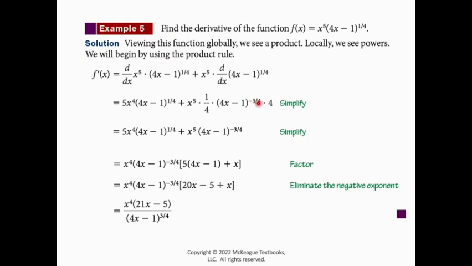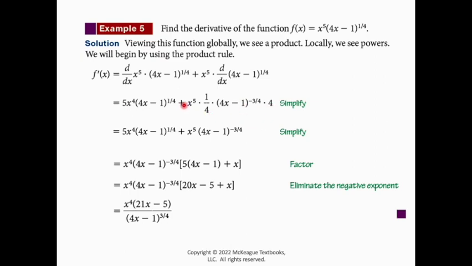So I'm going to take the 1/4 down in front. The inside stays the same. The exponent decreases by 1, so we have 1/4 - 1. That's where the negative 3/4 comes from. And then we have to multiply by the derivative of that inner function. And the derivative of 4x - 1 is 4.